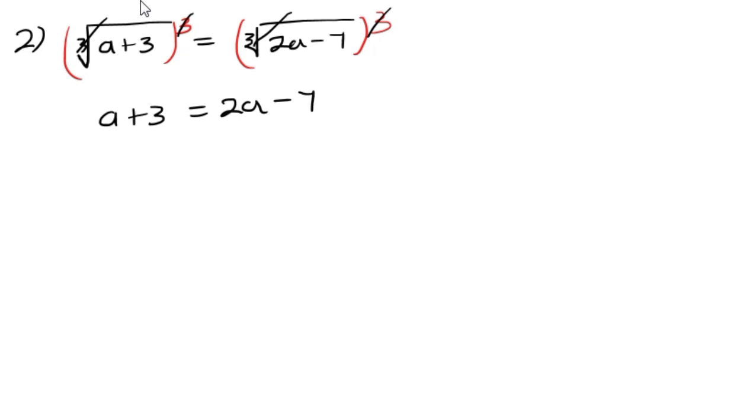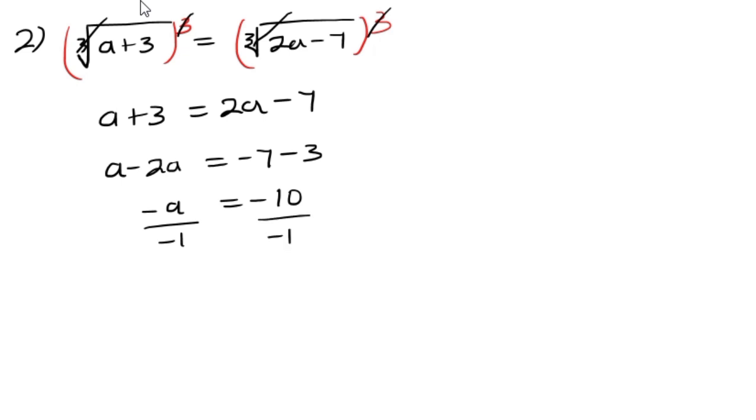Grouping like terms, this will be a minus 2a is equal to minus 7 minus 3. And when you do this, you are going to have minus a is equal to minus 10. So we divide both sides by minus 1, and therefore the value of a will be positive 10. I'm not going to check this one for you, but if you check this result, you will see that the given expression is true.